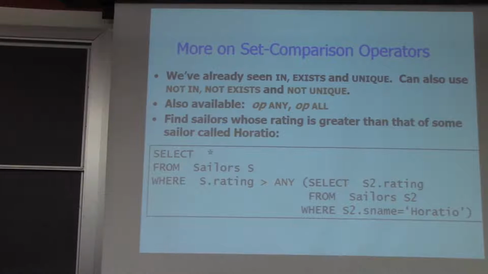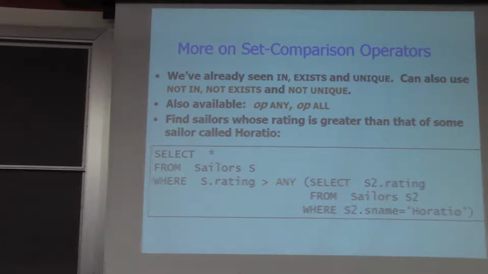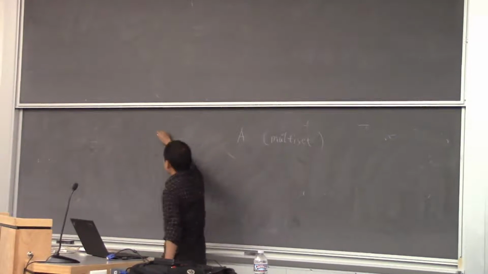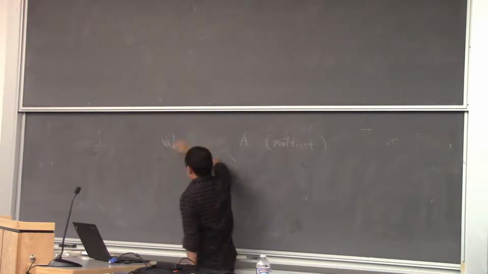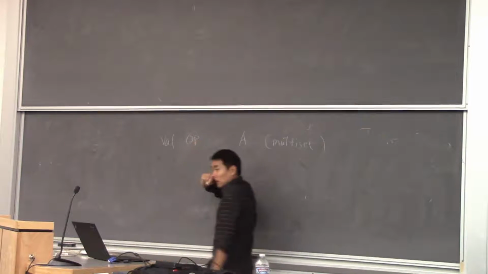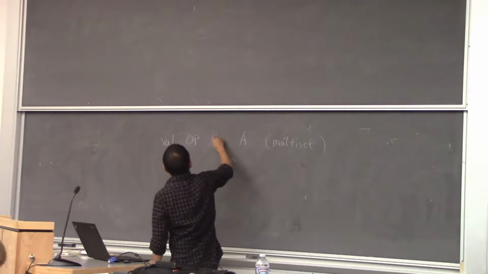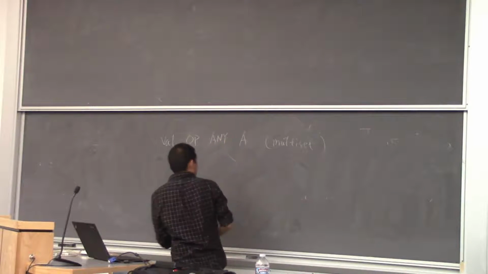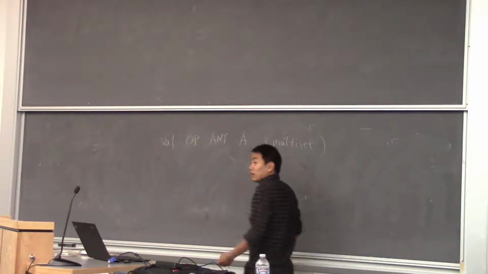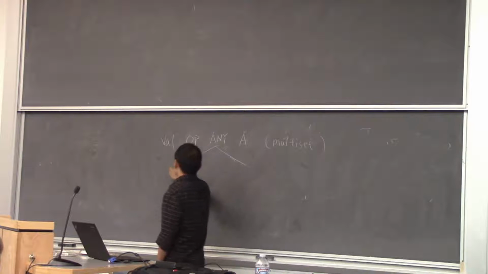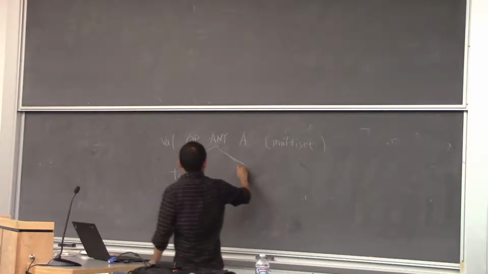The only thing we haven't covered is a value followed by an operator followed by ANY with a multiset. How to interpret this? Again, it's true or false.